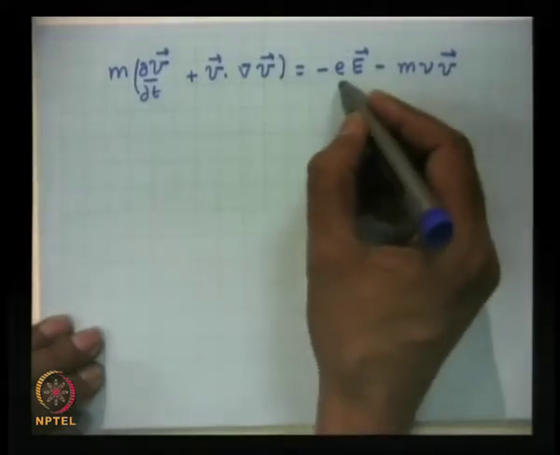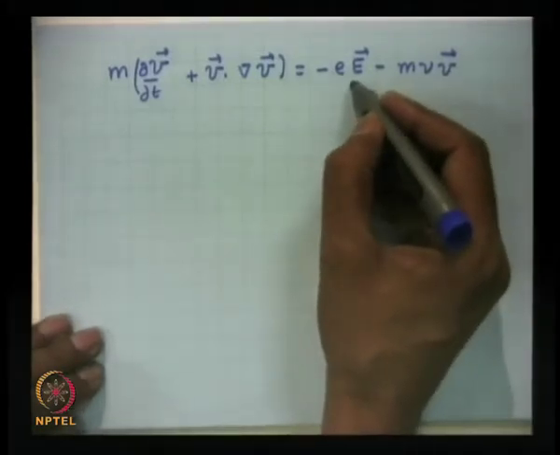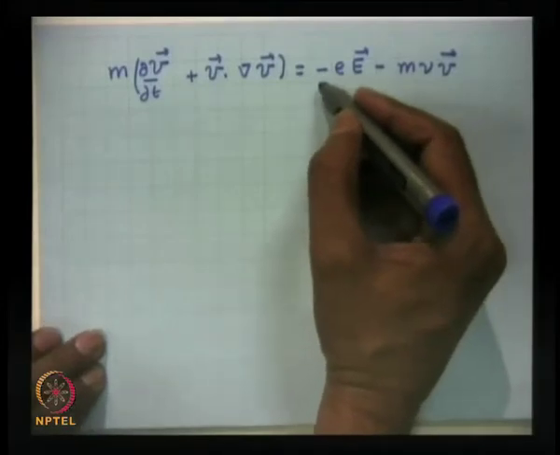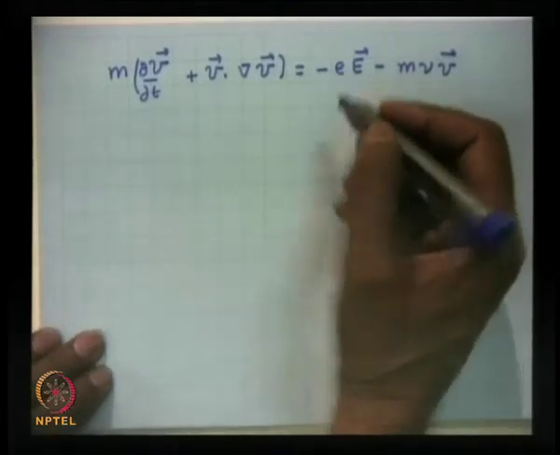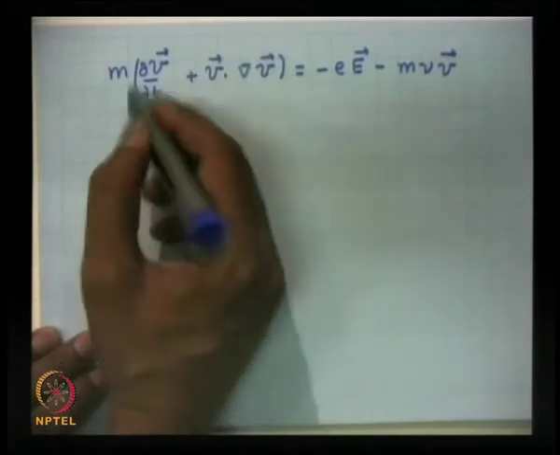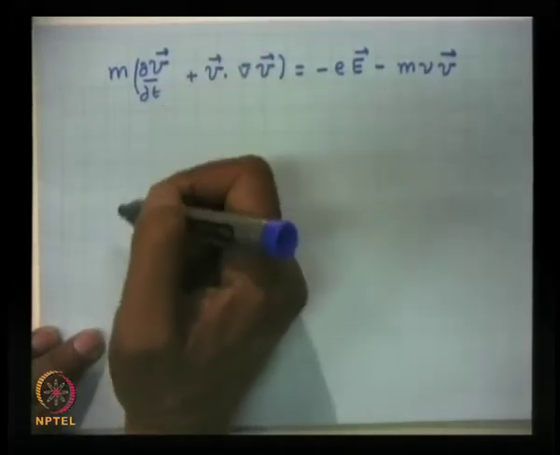This is the momentum electron gains from the electric field, where minus E is the electron charge, m is the electron mass, and this is the dV by dt, rate of change of velocity.